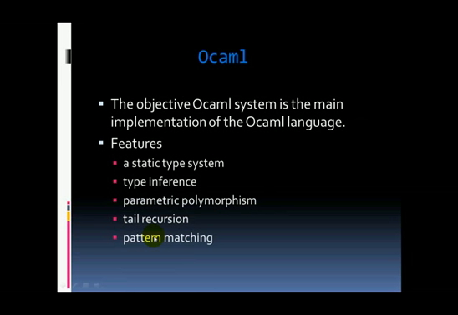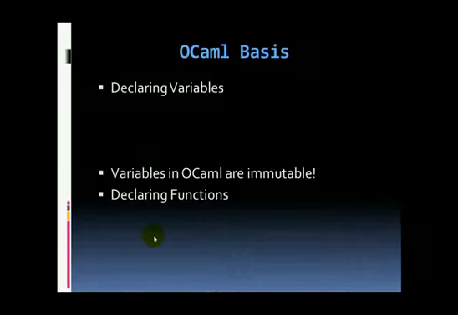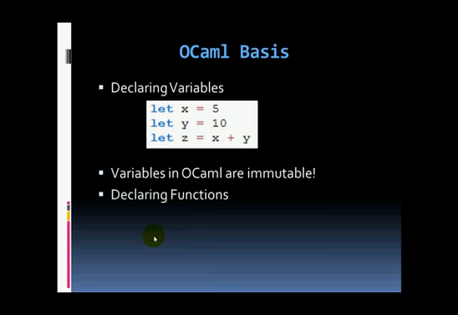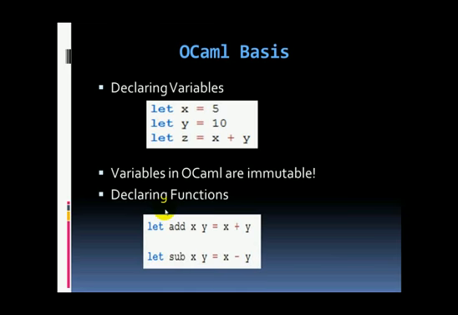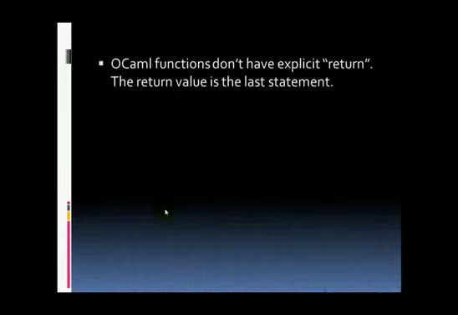OCaml. The Objective Caml system is the main implementation of the OCaml language. Features of the OCaml language: a static type system, type inference, parametric polymorphism, tail recursion, pattern matching.